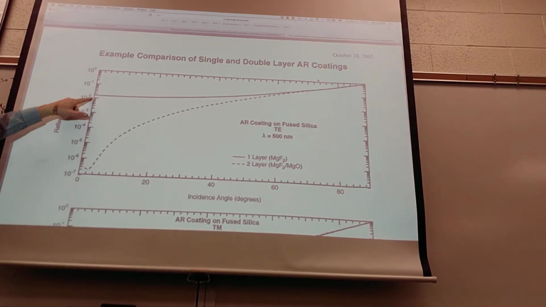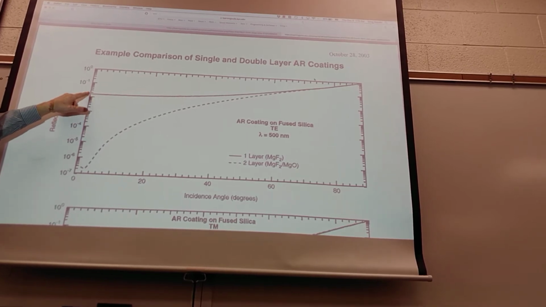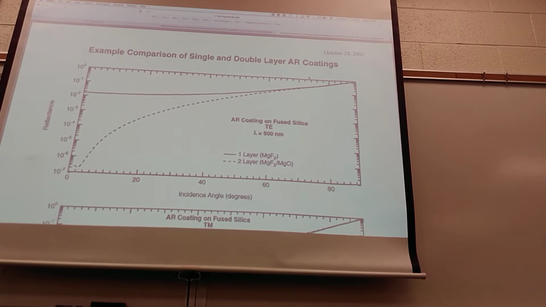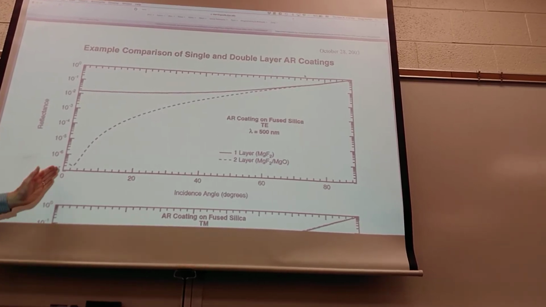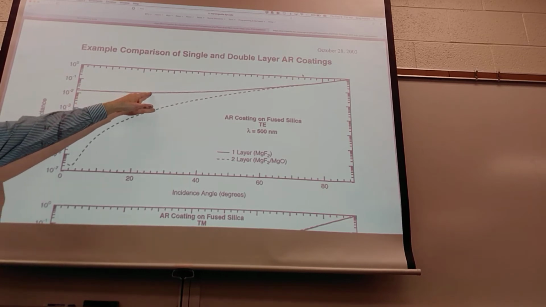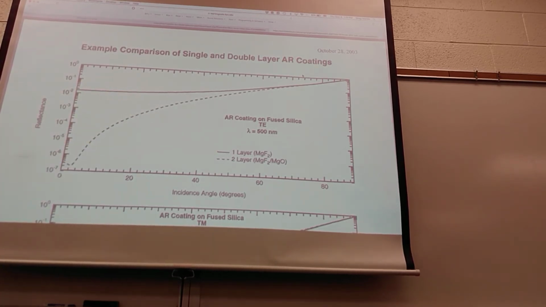And then notice you get down to a little less than 2% on the reflectance. Not that great. And then as you go off normal incidence, it just increases. And when you're over at a shallow grazing angle, then it just looks like a mirror, as usual.